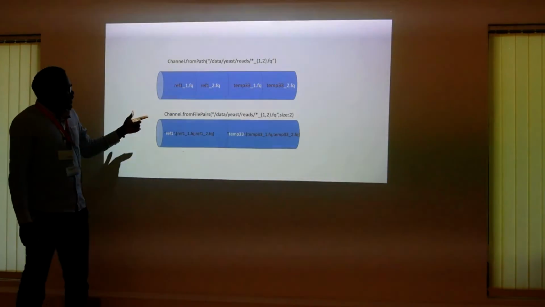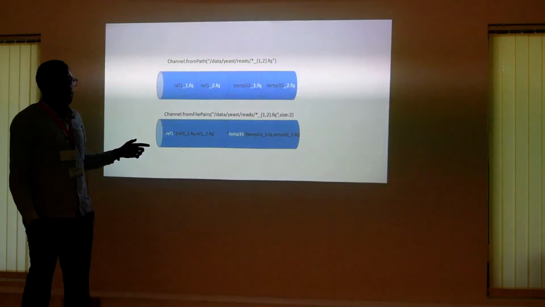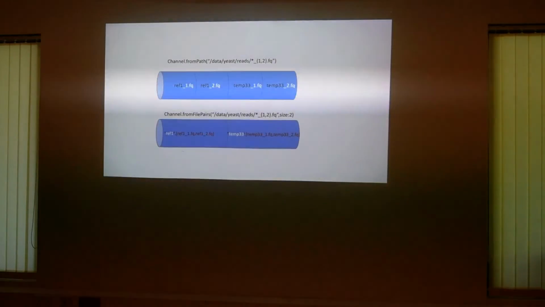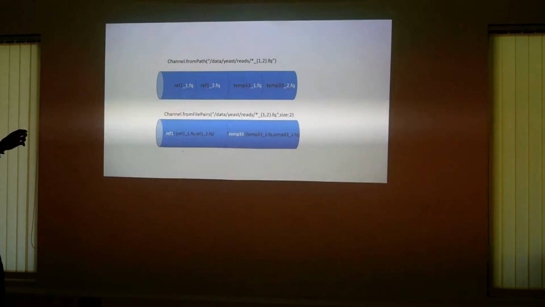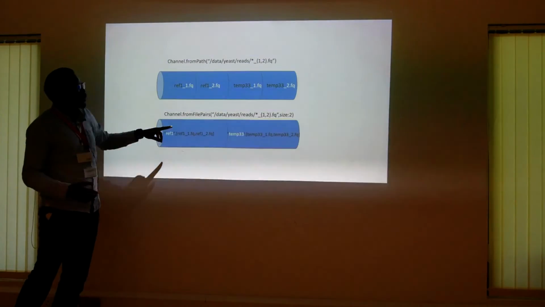When looking at channel from file pairs, this is what will qualify to be a tuple. It generates a tuple with the sample ID and a list of the files.